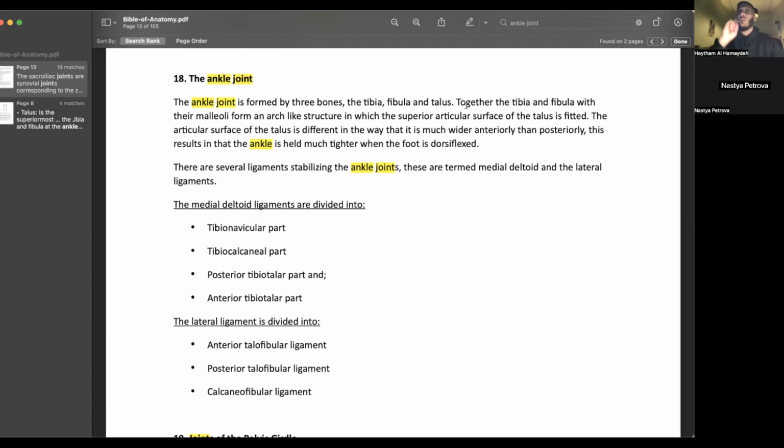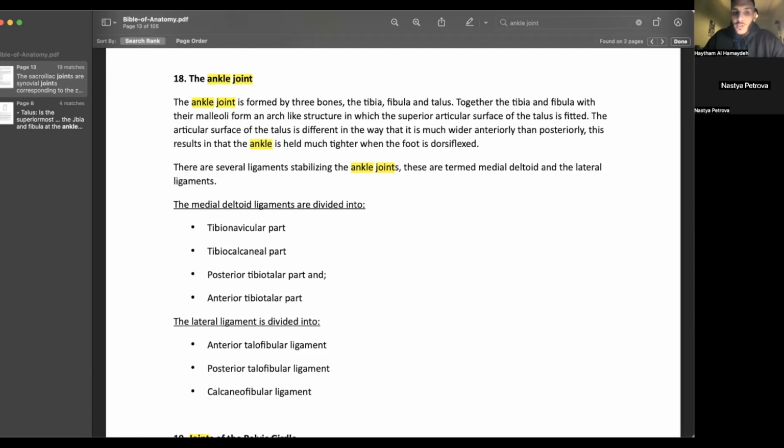Nice. What about the superior surface of the talus? The superior surface of the talus articulates with the medial malleolus.